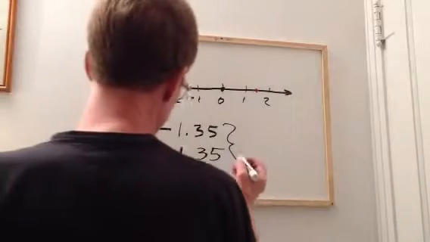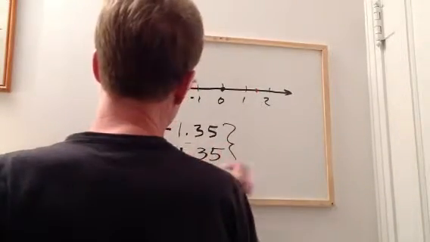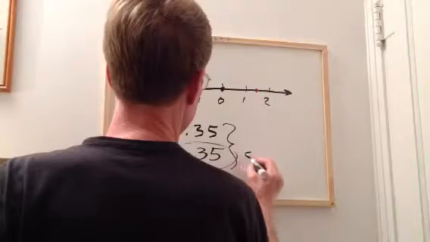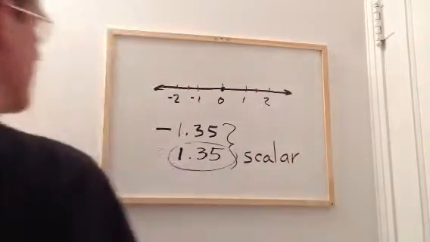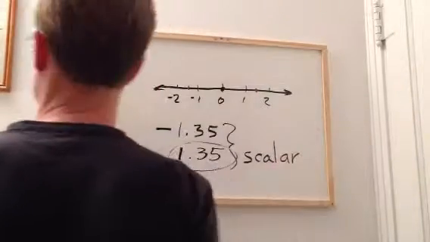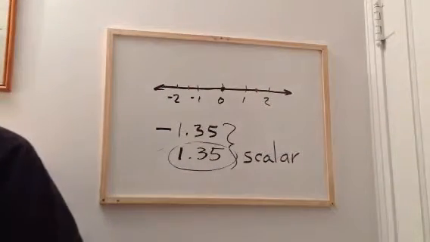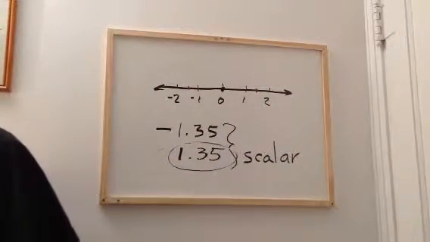So a quantity like 1.35 is a scalar. It's called a scalar because it indicates scale or extent.